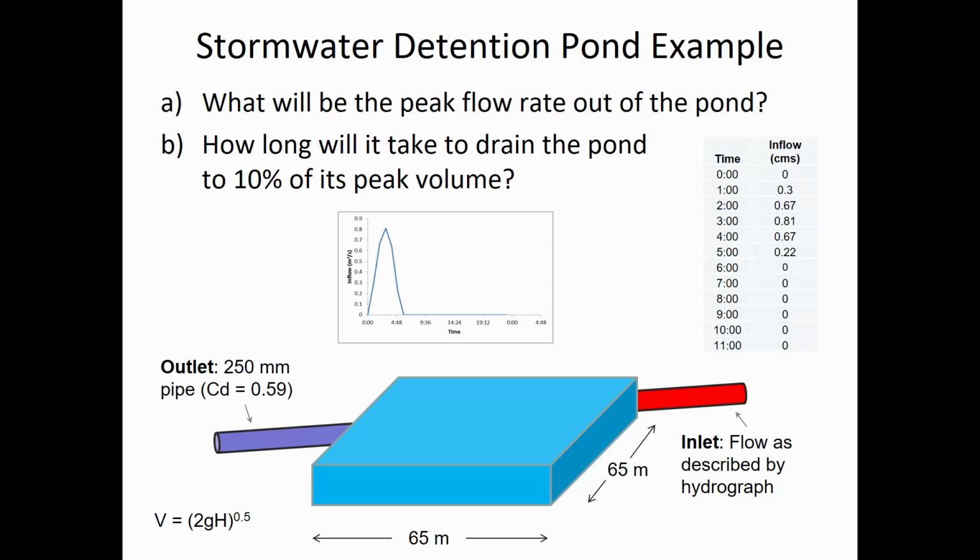And what I hope you remember from fluid mechanics is in the orifice equation, we measure from the center of the orifice, and H is the distance from the water level to the center of the outlet. And that is what would tell us the velocity of the flow outward.